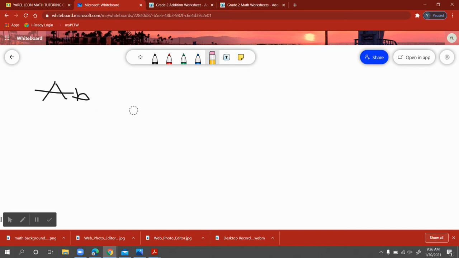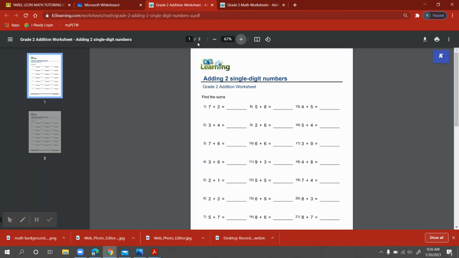Well, adding two single-digit numbers means we're going to add two one-digit numbers. Kind of confusing. What that means is we're going to add two numbers, but they're one digit. So let's do a couple right now.